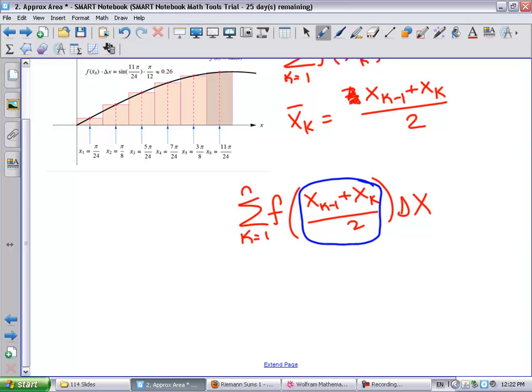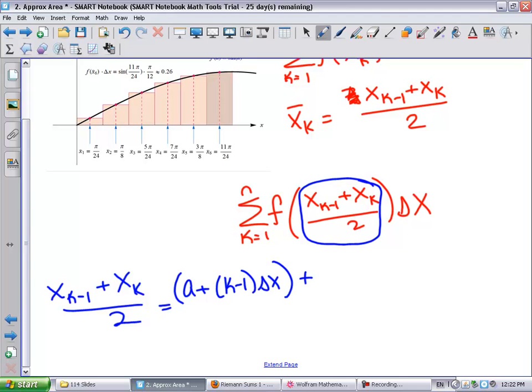So if we simplify that, x sub k minus 1 plus x sub k divided by 2. That's x sub k, oops, no, that's x sub k minus 1, which is a plus k minus 1 delta x, plus a plus k delta x, divided by 2.